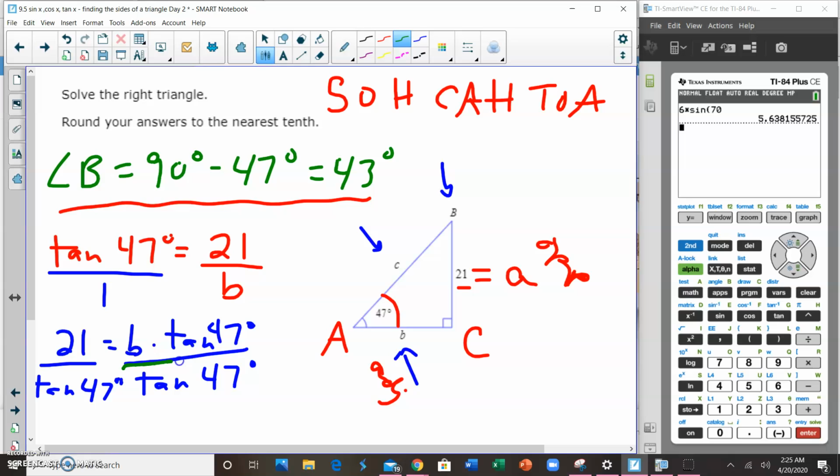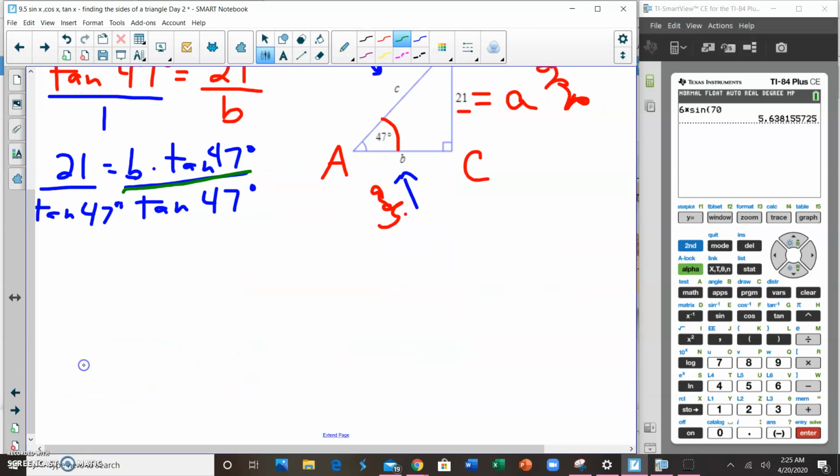Okay, maybe this is going to take me the whole 15 minutes. Sorry, folks. Okay, so divide that by the tangent of 47 degrees.